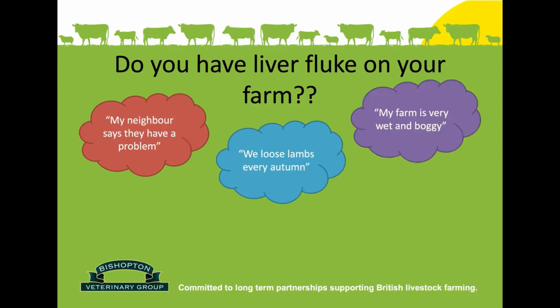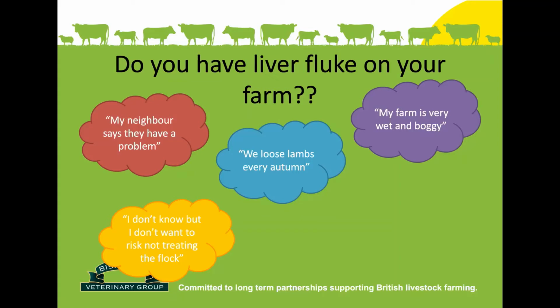My farm is very wet and boggy. That doesn't necessarily mean that you have fluke established in your snail population, and it also doesn't mean that you graze all the wet and boggy land. So you may not have fluke. I don't know, but I don't want to risk not treating my flock. But this comes back to our conversation about treating the flock, but maybe treating them too early or with the wrong product.